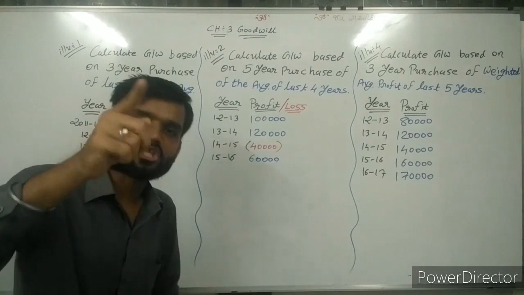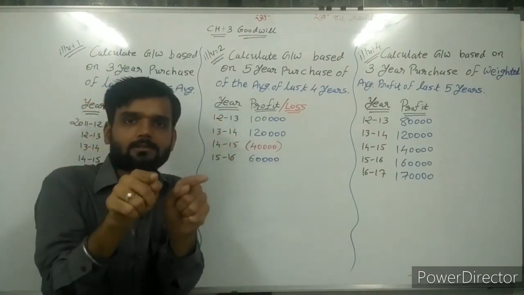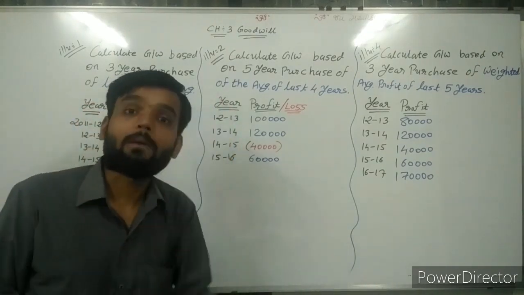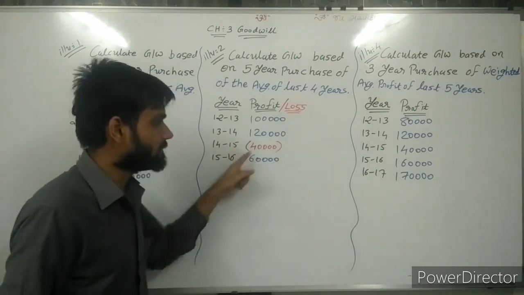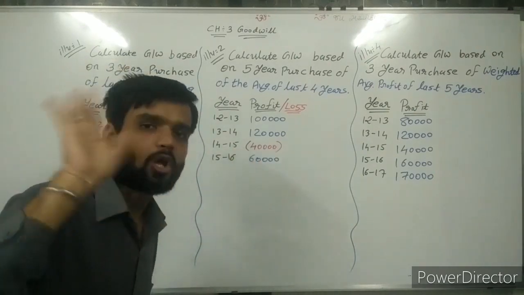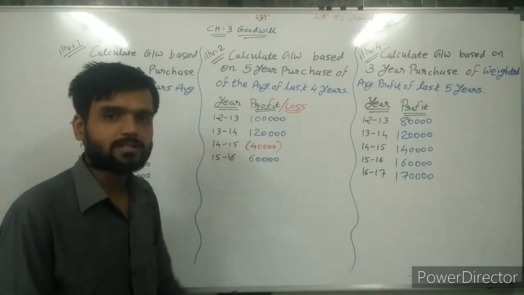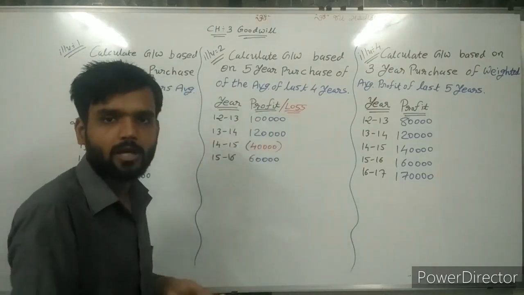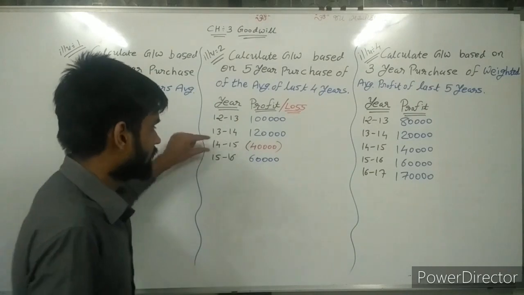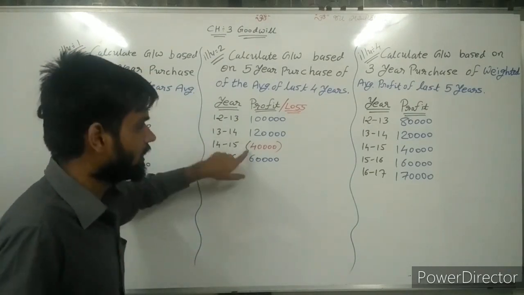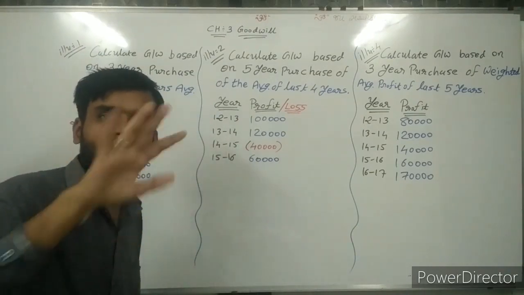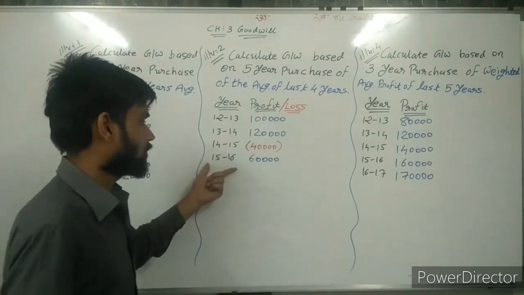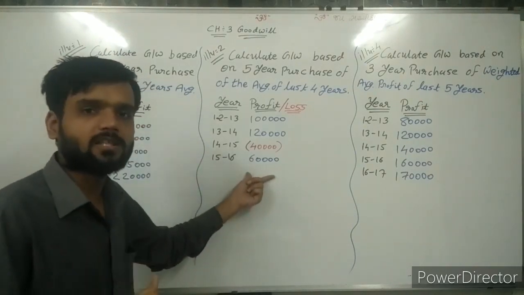Whenever information is given in brackets, bracket means minus, and minus means loss. So here 40,000 rupees is the loss occurred by the firm in 14-15. Now in 15-16, again a profit of 60,000.